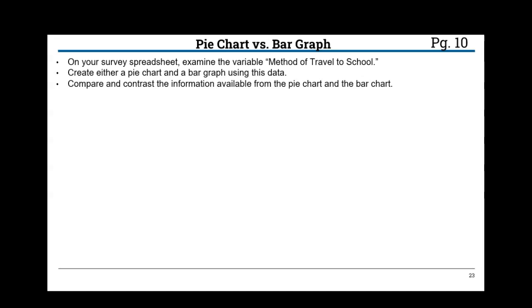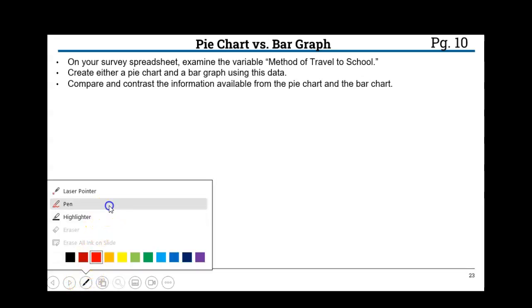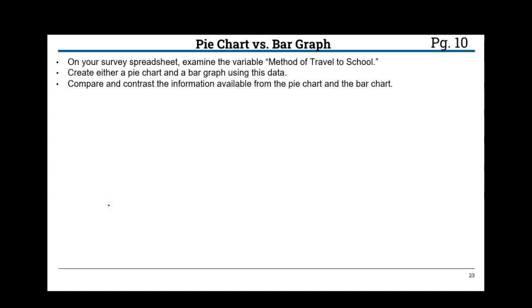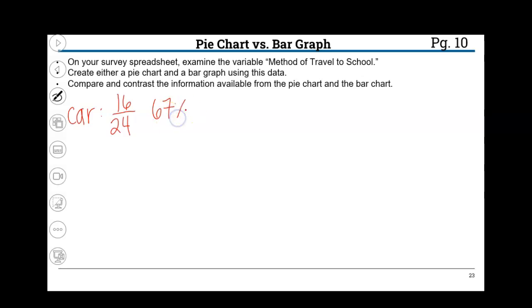Alright, for the pie chart, you have to make ratios of the part over the whole. So for car riders, how many did you count that picked car? 16 out of 24? Okay, good. So if you didn't do the pie chart, now write this down, okay? Or if you didn't do it at all, just write car, 16 out of 24 students. So what percentage is that? Yep, you're right. 67%.